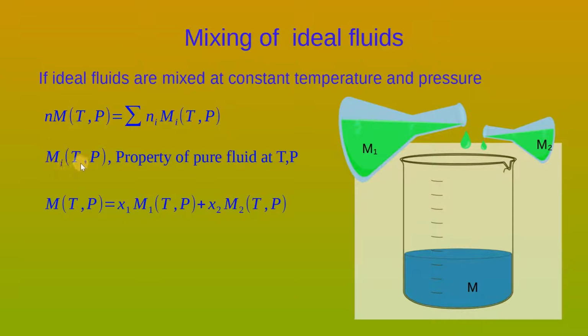Note, Mi at T, P is the property of the pure fluid at temperature T and pressure P. If we divide by N, we get M at T, P equal to x1 M1 at T, P plus x2 M2 at T, P for this system.